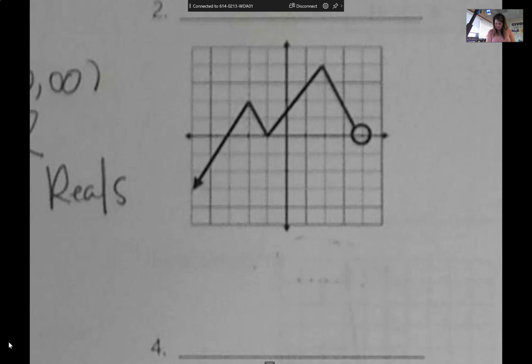Oh, this one's hard. Uh-oh. This one's got a trick.